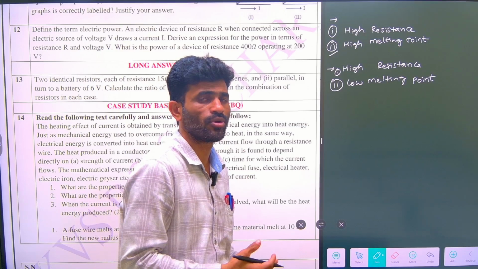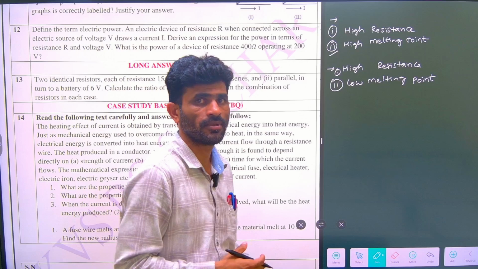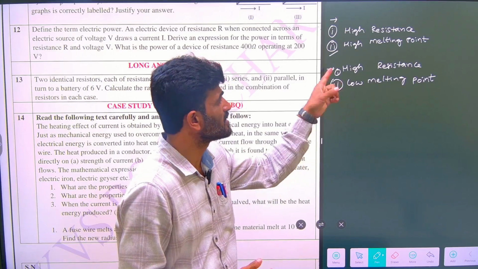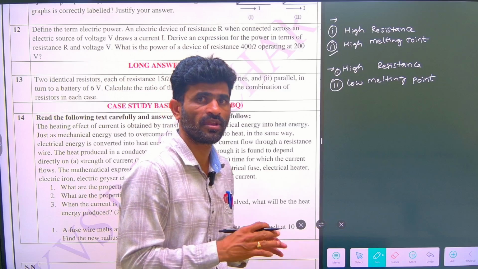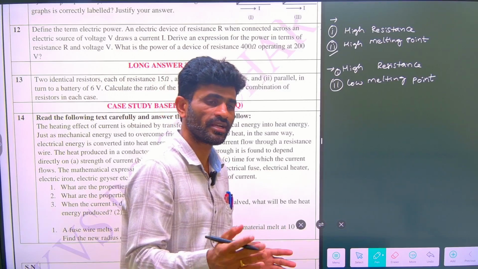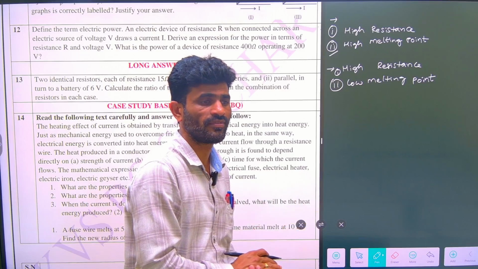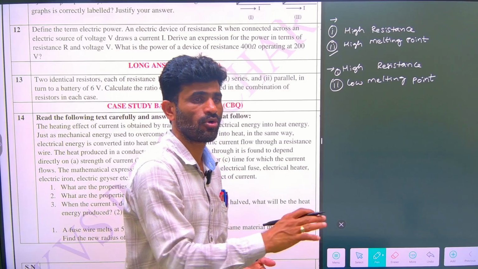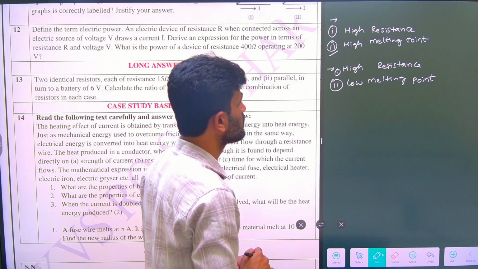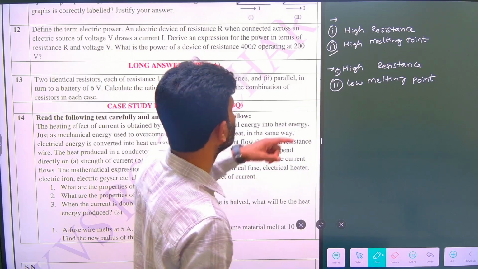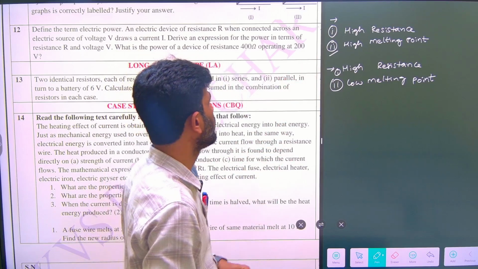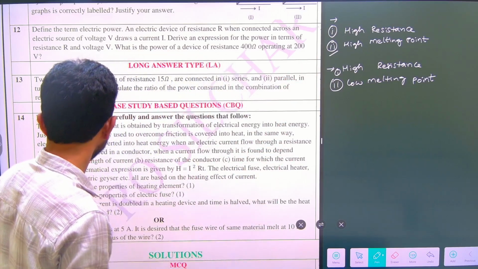Because of that heat produced in the fuse, it will melt because its melting point is low. When it reaches this melting point, automatically that fuse will melt. When it melts, the circuit will be open. When the circuit is open, current will not enter into the home, so all remaining devices will be safe. So a fuse should have high resistance and low melting point, and the heating elements used in electrical appliances should have high resistance and high melting point.